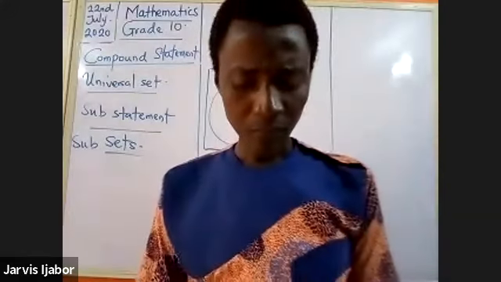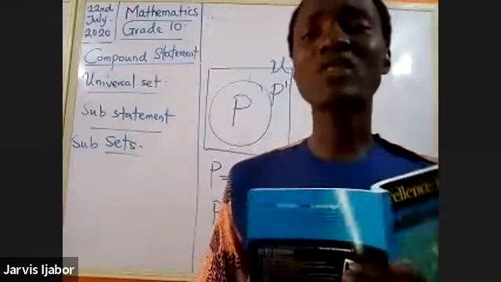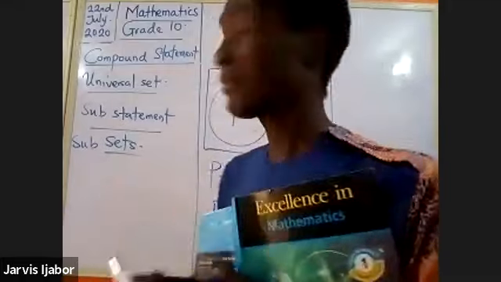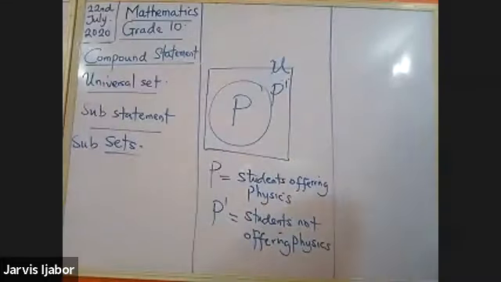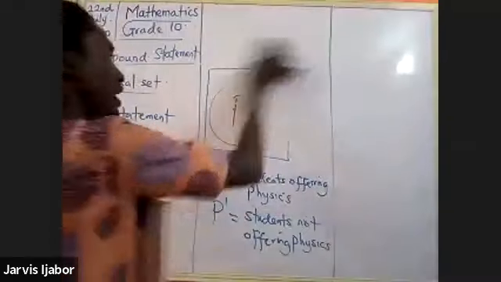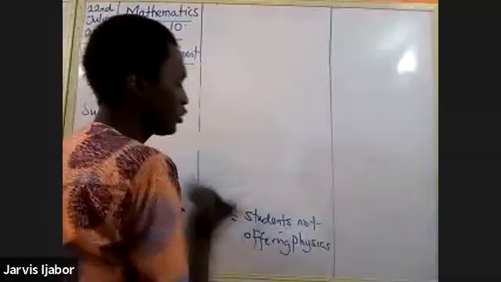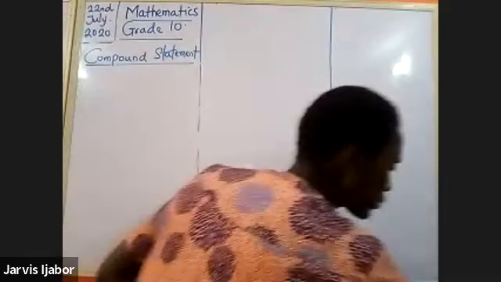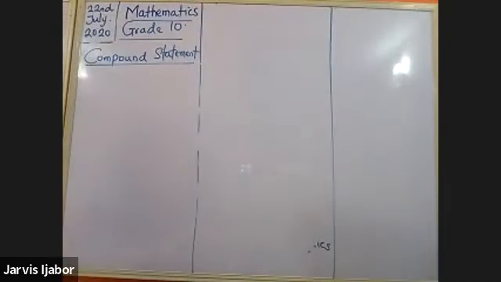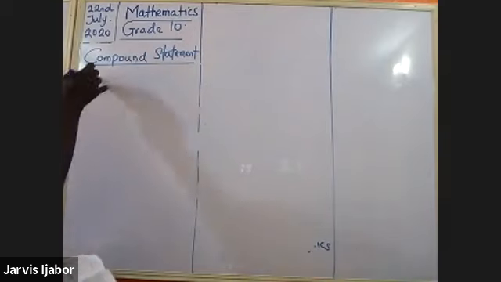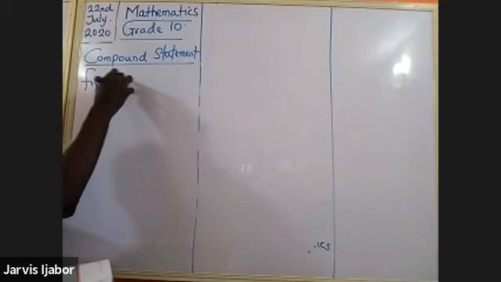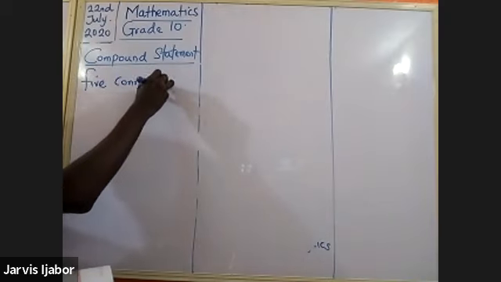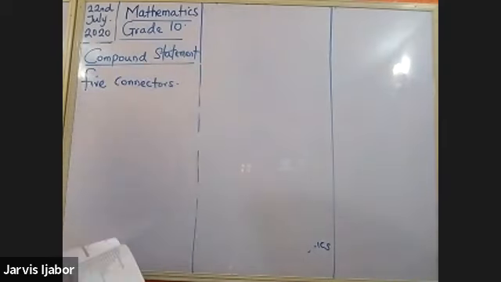Now, in looking at compound statements, maybe I should treat that one first before I go into implications and the likes. In looking at compound statements, there are certain things you must take into consideration. There are 5 connectors we will need to take note of.